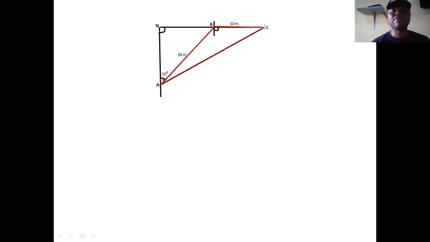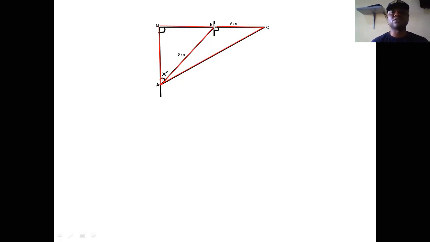They say how far north of A? So you complete this here. This is the north of A. And then this diagram like this.